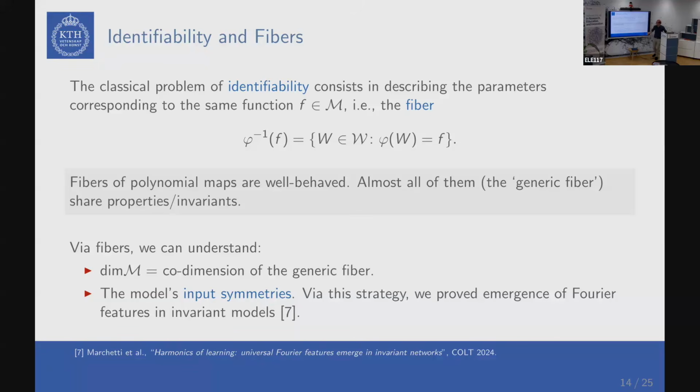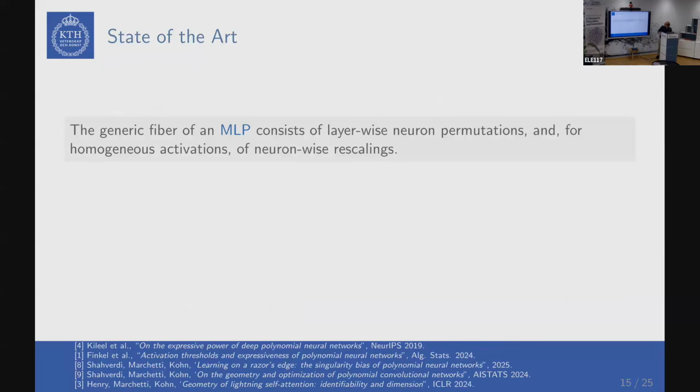The main point of the argument is that we want to understand invariant neural networks, so input symmetries, but we reduce the problem to an identifiability problem, which is much more tractable and you can actually prove things. So that's identifiability. Since it's such a big topic, I wanted to tell you the state of the art of identifiability. This is a good excuse to give you a bit of literature in this line of research. What actual results have been proven?